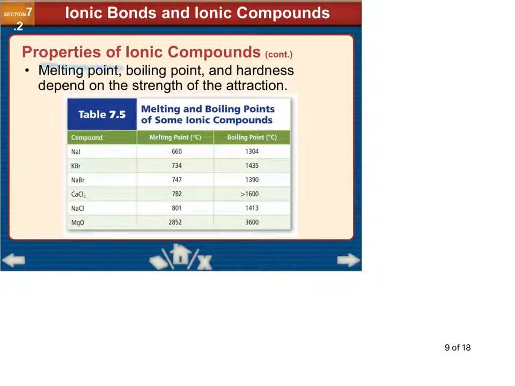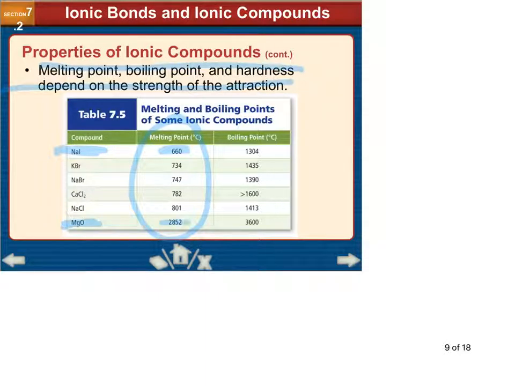Melting point, boiling point, and hardness depend on the strength of attraction. So all ionic compounds are going to have pretty high melting points, but some are much higher than others. Sodium iodide here has a comparatively low melting point compared to the other substances here.